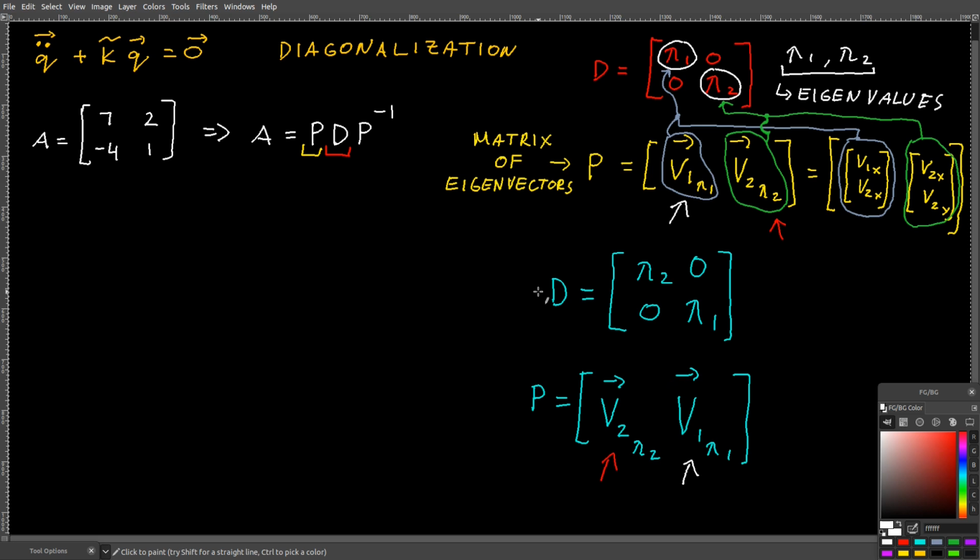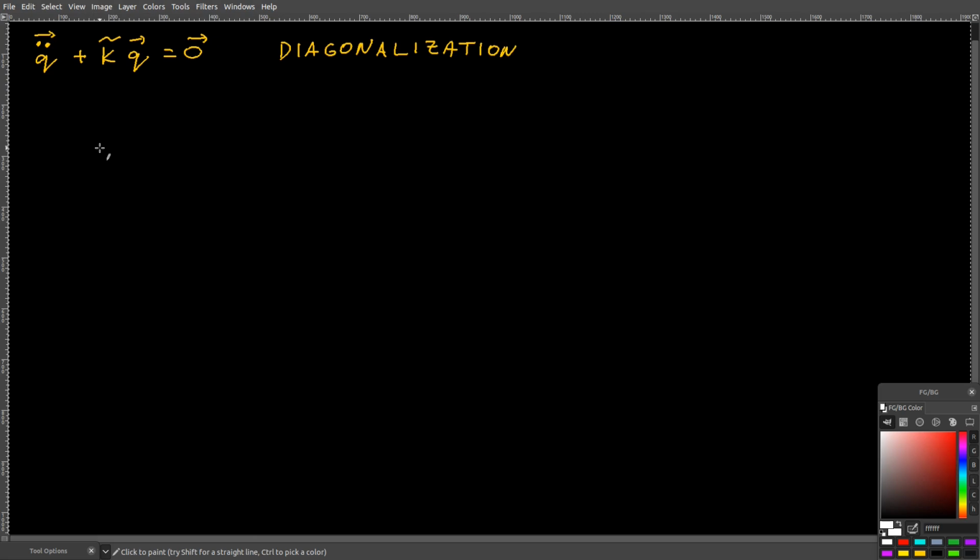Now, computing eigenvalues and the respective eigenvectors by hand for a 2x2 matrix is relatively easy. For higher dimensions, however, it's better to use software. The definition of eigenvalues and eigenvectors is the following.